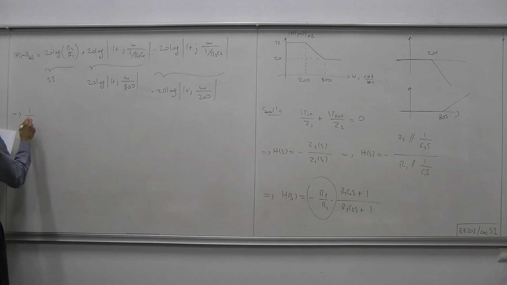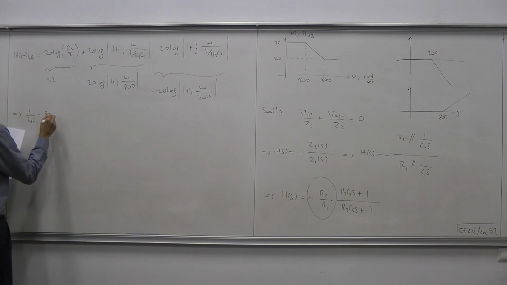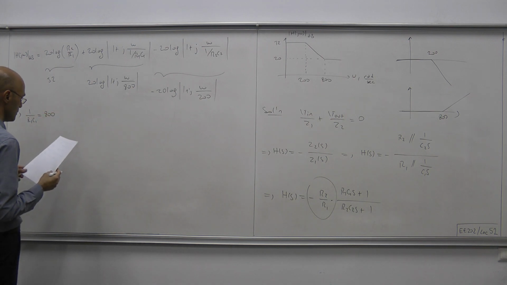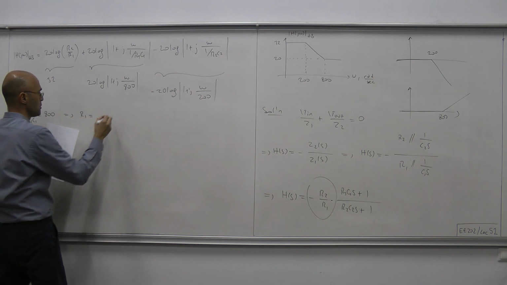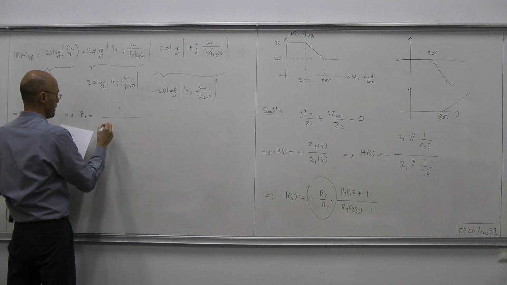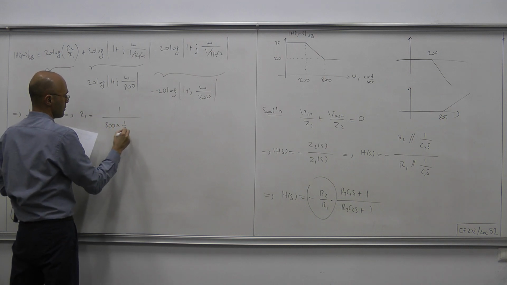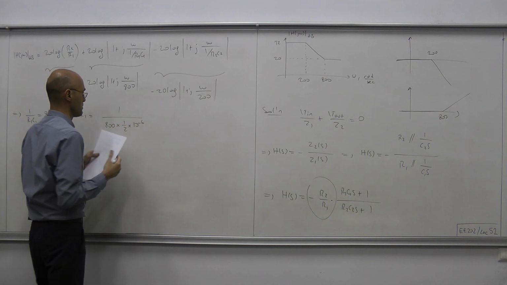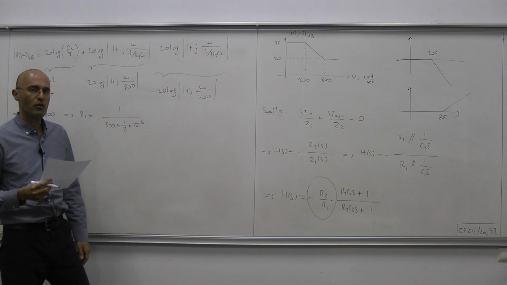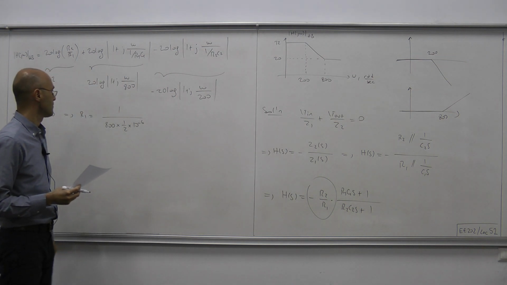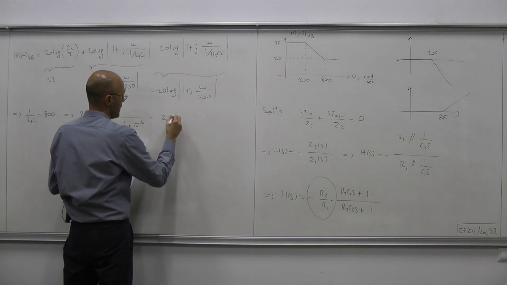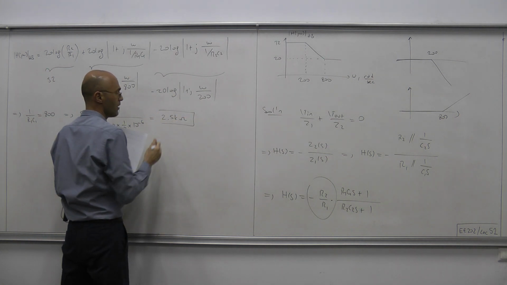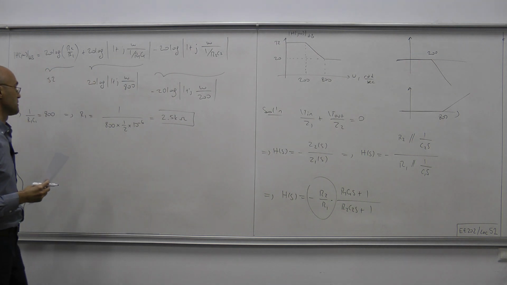We have 1 over R1 C1 equals 800. C1 was given, so R1 equals 1 over 800 times 1 over 2 times 10 to the 6, because C1 was 0.5 microfarads. And this produces 2.5 kilo ohms for our first resistance.